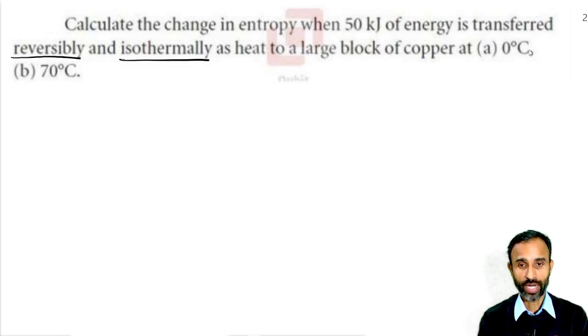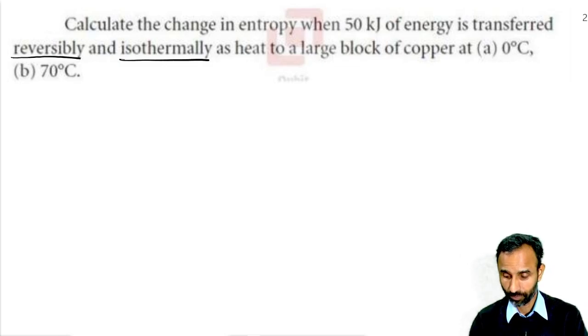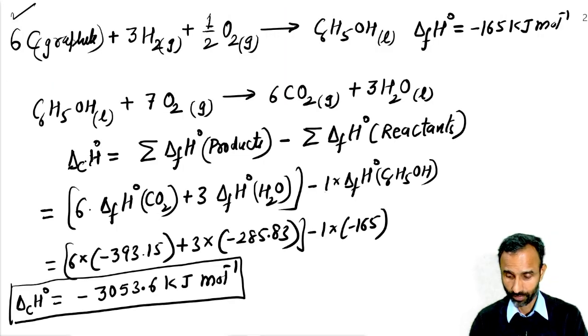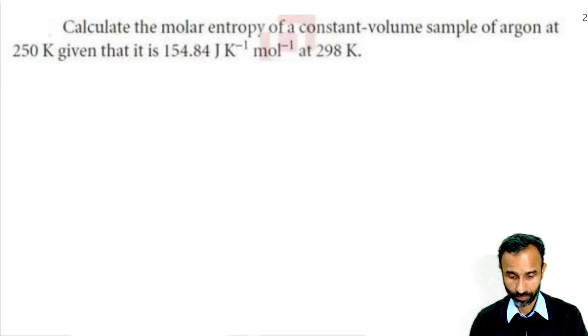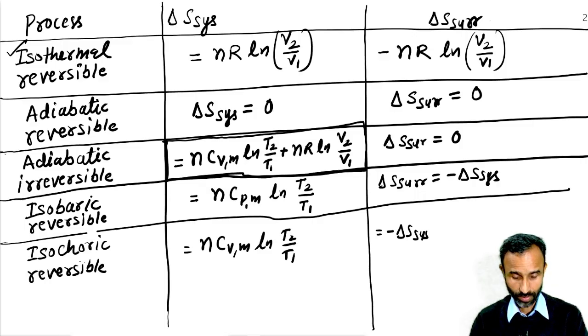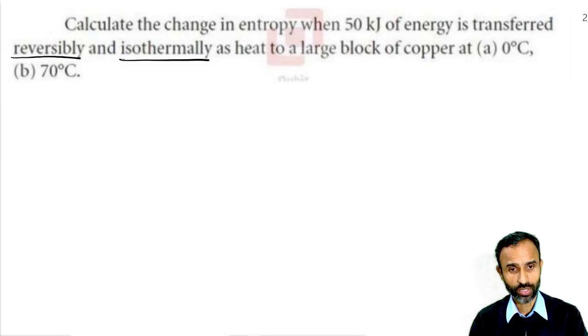So that implies isothermal and reversible, so it is actually nR natural log of V2 by V1, but temperatures are mentioned, right?